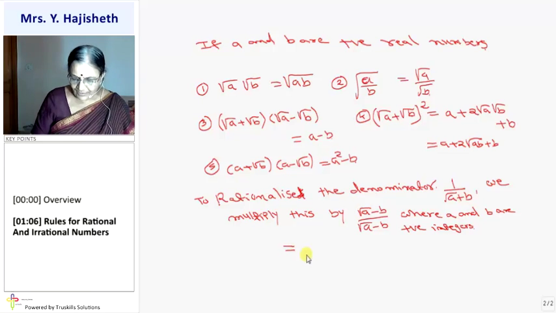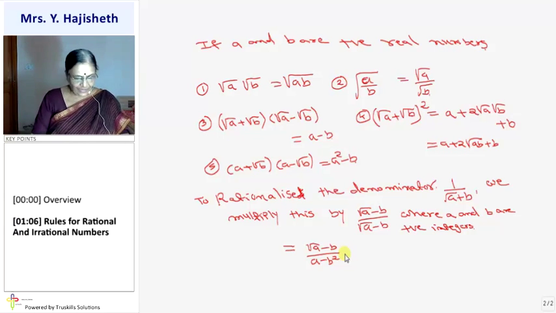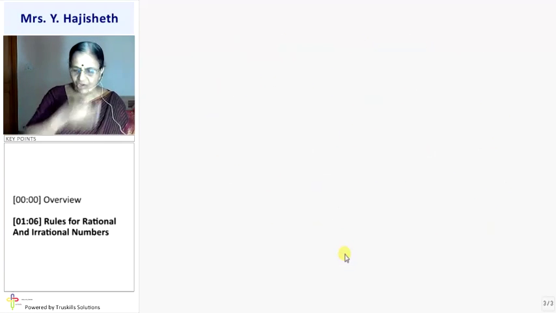It is root A minus B upon A minus B square. So my denominator is free from square root. This is called the most simplified answer. Clear? This is called the algebra of square roots. Okay?